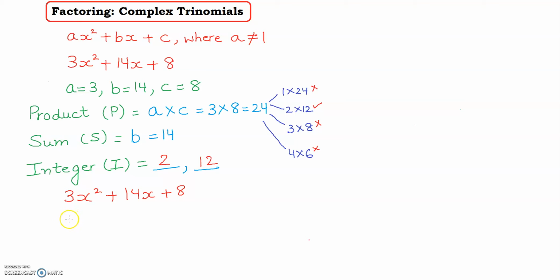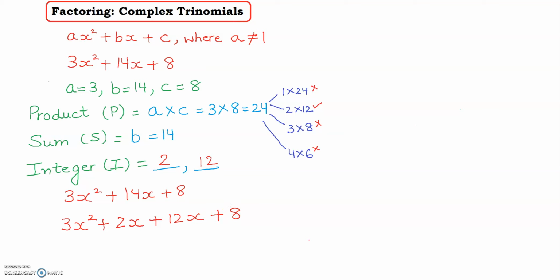So let's write this down. The first term is exactly the same. I will break the 14x into 2x and 12x, because those were the two integers we got. And the last term is exactly the same.